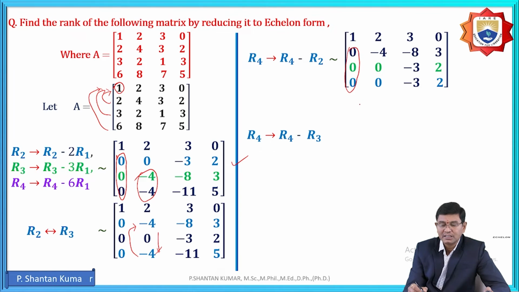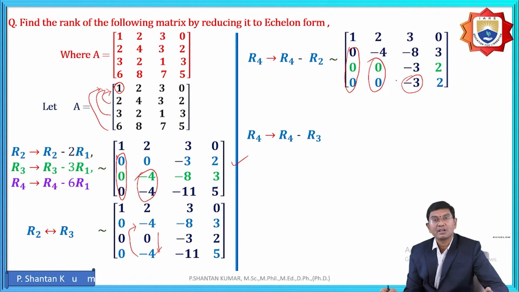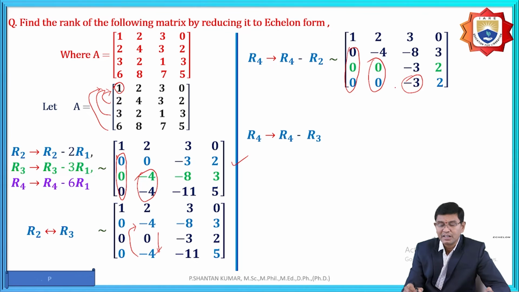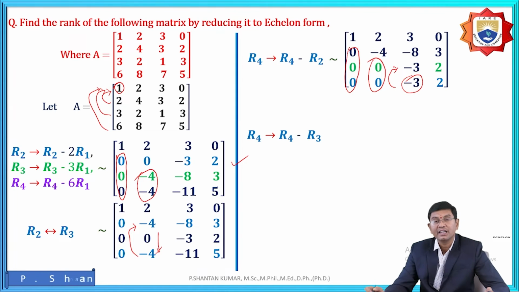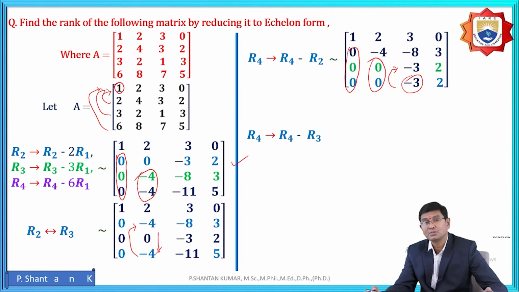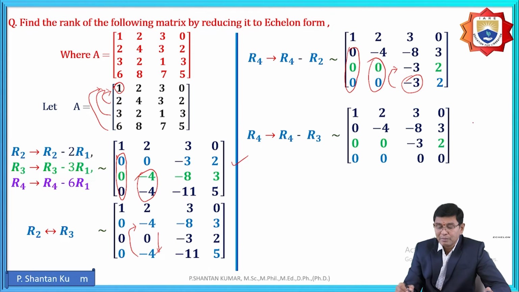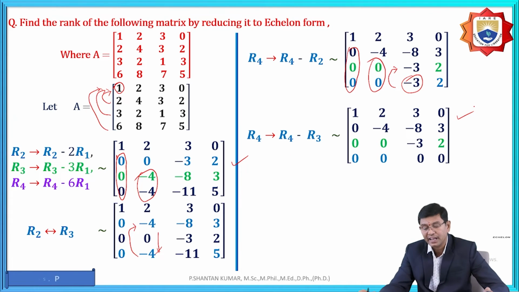Below the terms are 0, and before the minus 4 is 0. Now our target is to reduce the minus 3 to 0, and for that we apply R4 minus R3. The last row, the minus 3 is changed to 0, and the 2 is also changed to 0. By applying this, the matrix is reduced to this.